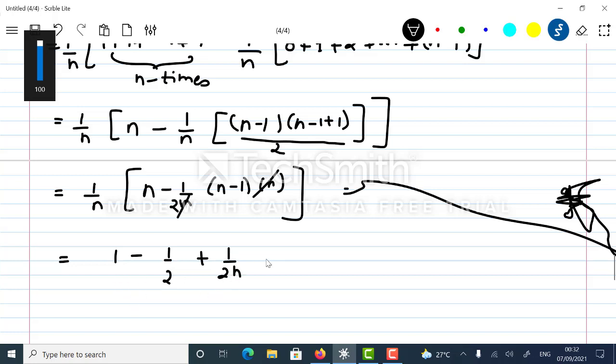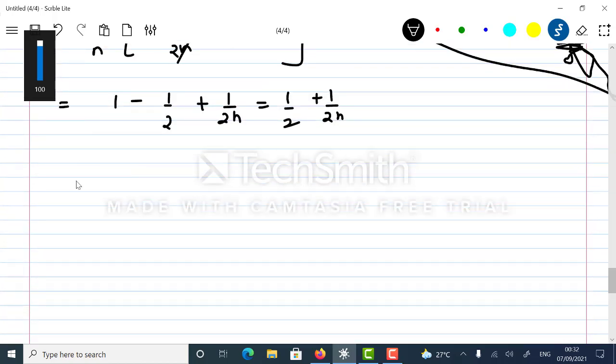So 1 minus half is basically half plus 1 by 2n. Okay. Then my UPNF is cleared, UPNF is half plus 1 by 2n.